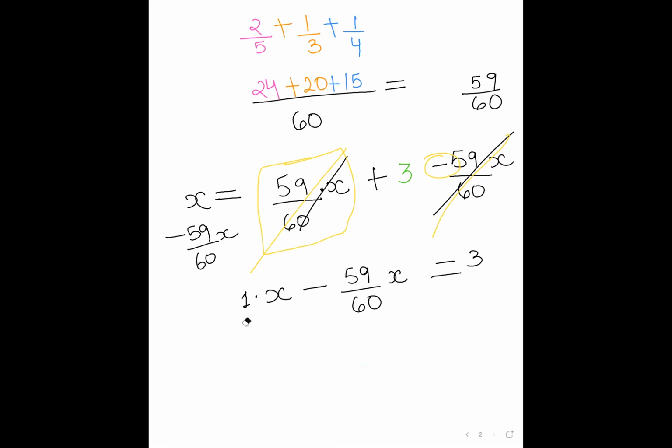So that's why I replaced this 1 with 60 by 60, because 1 and 60 by 60 are the same thing. If we had something else in the denominator, let's say 70, then we would say it is 70 by 70. All right.